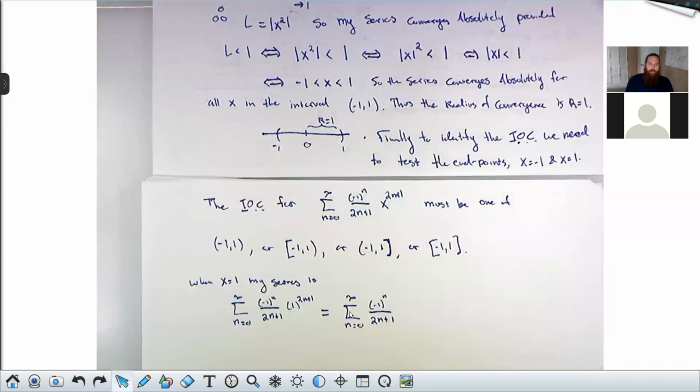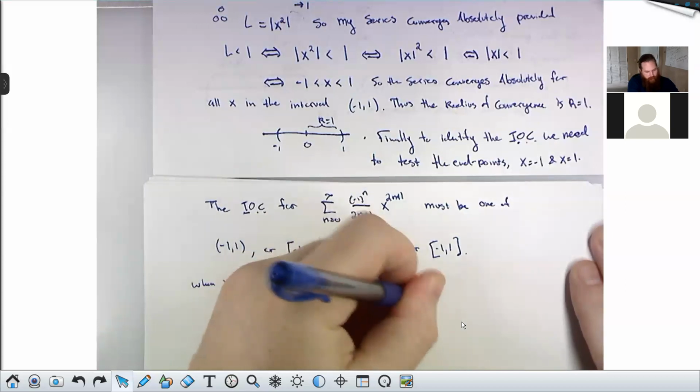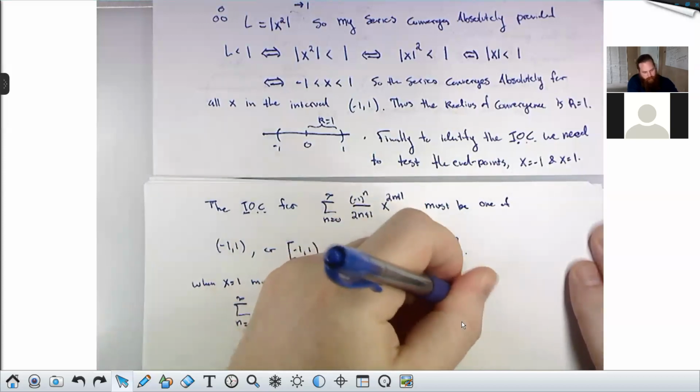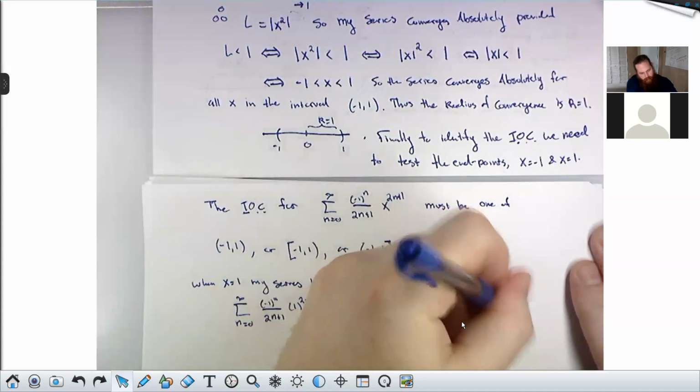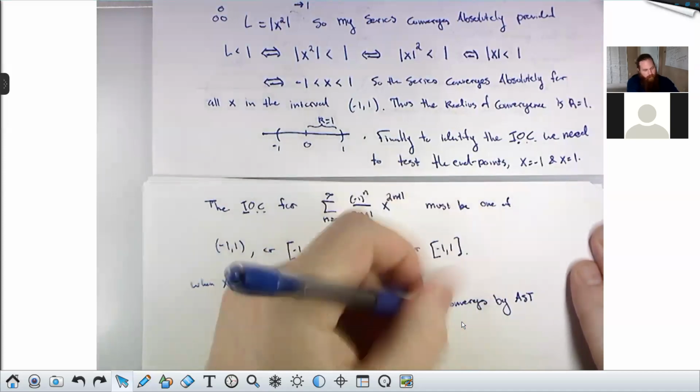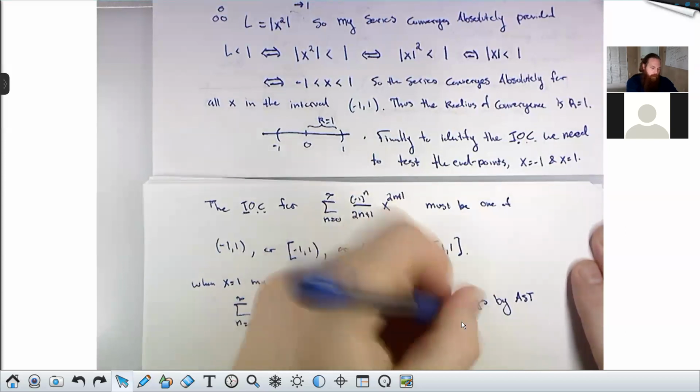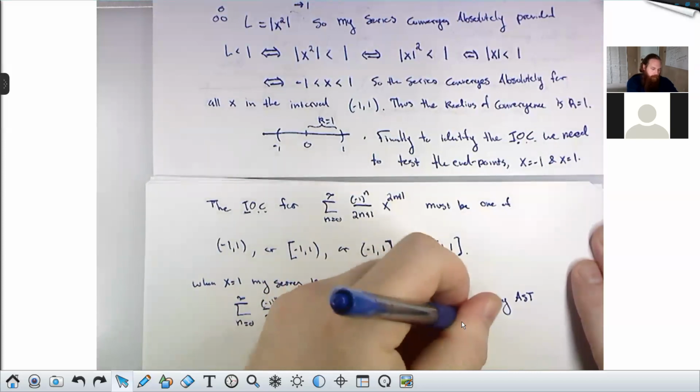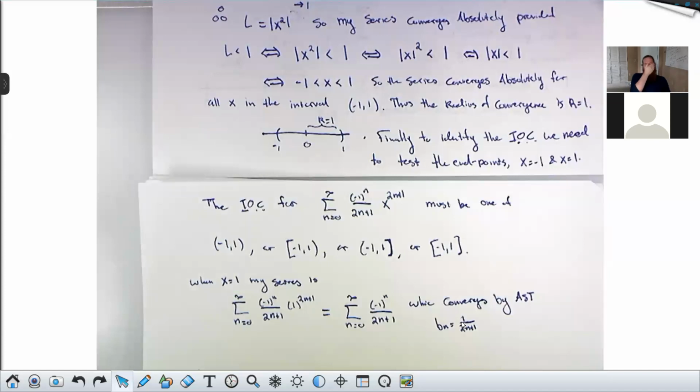Does this series converge or diverge? It converges. It's a conditionally convergent series. It converges by the alternating series test. Here, the bn's are 1 over 2n plus 1, and I'll leave the details to you.